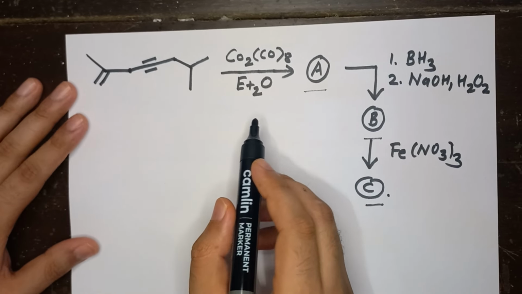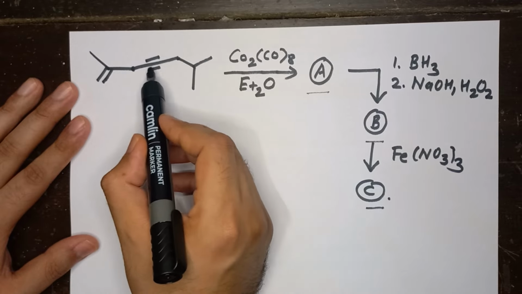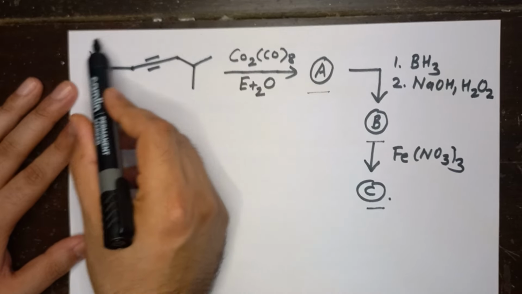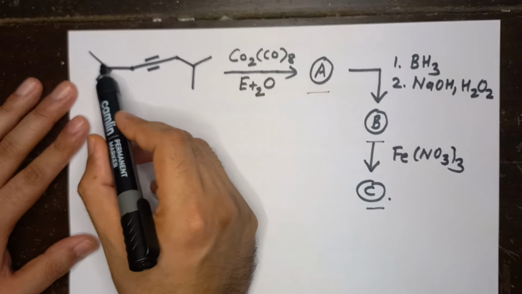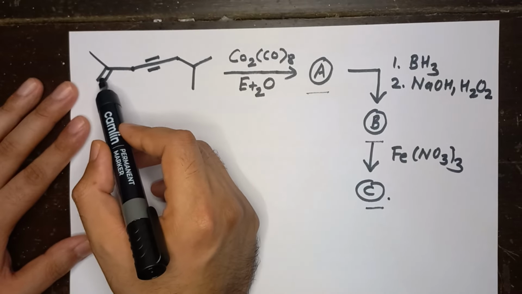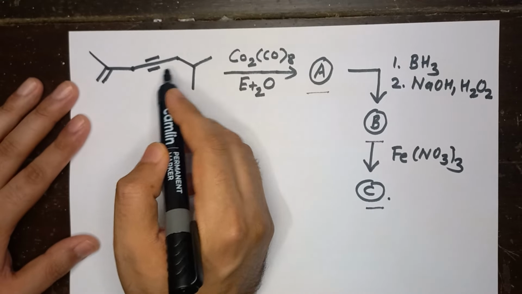Okay, so this is a protection strategy to protect alkyne, simply because if you do anything to this molecule, the triple bond will react first instead of the double bond. So if you want to react your double bond first and not the triple bond, you need to protect it.